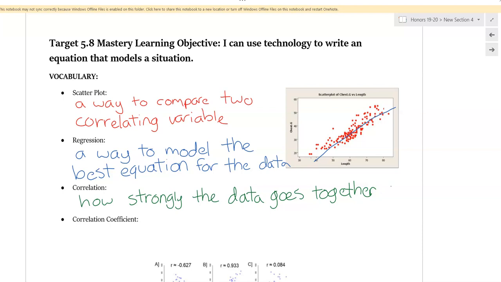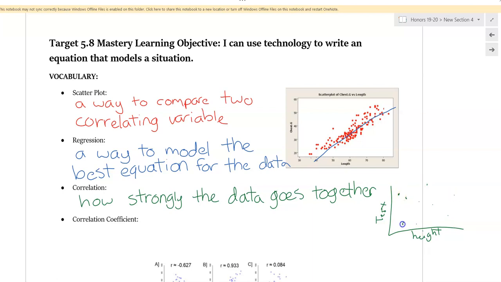If I had another scatter plot, say I was doing height and how well you do on a test, those things don't seem like they'd go together. Like height versus test score. It might be just kind of random, right?